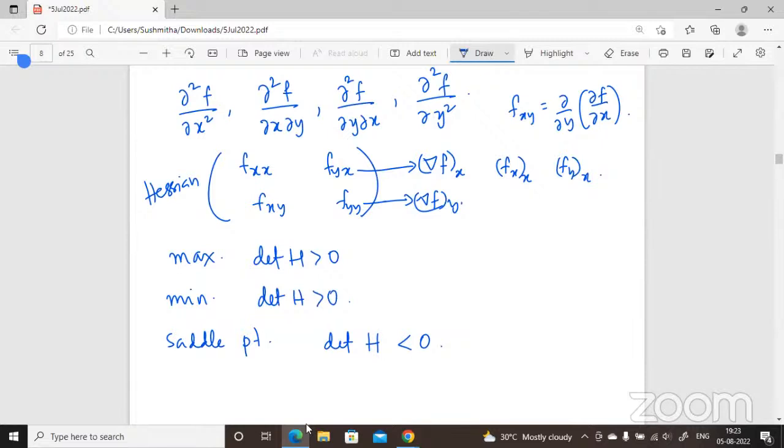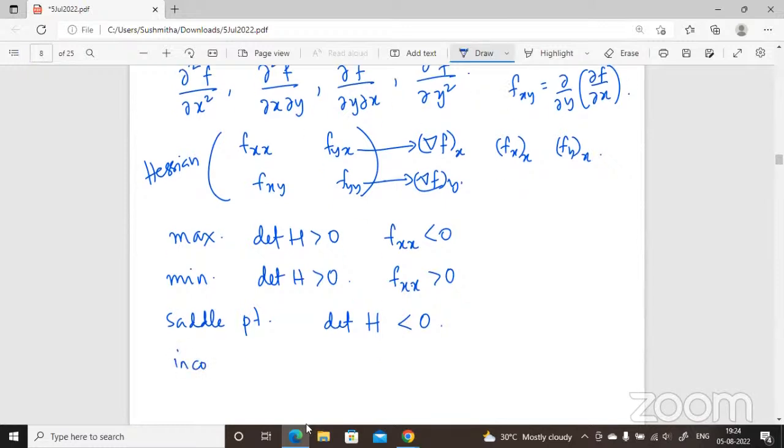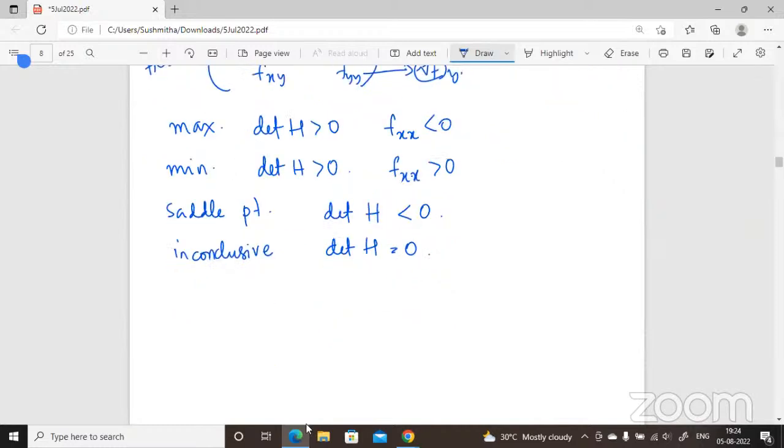That is given by fxx. If fxx is less than 0, then it is maxima, otherwise minima. And when is the test inconclusive? When the determinant is equal to 0. So these are the conditions for testing whether a two-variable function has a point of maxima, minima, and all that.